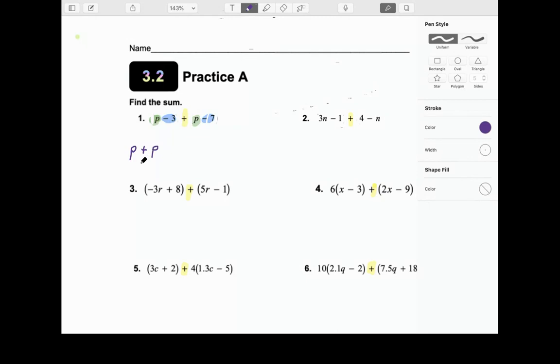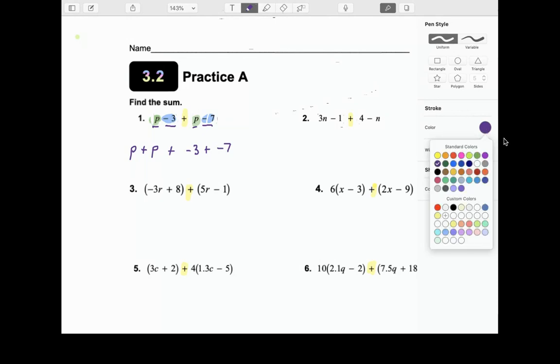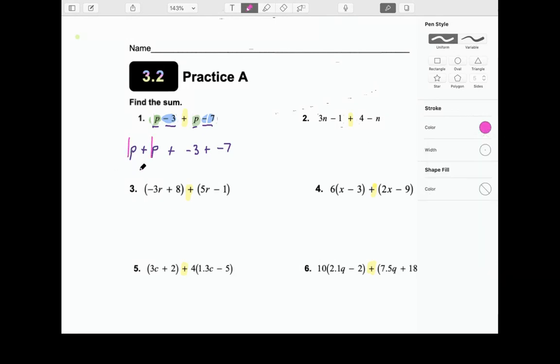So it'd be p plus p, and then the constants, -3 plus -7. The sign that's in front is going to stay together with that number. Now we're going to add those like terms. What we have to remember is these invisible ones here.